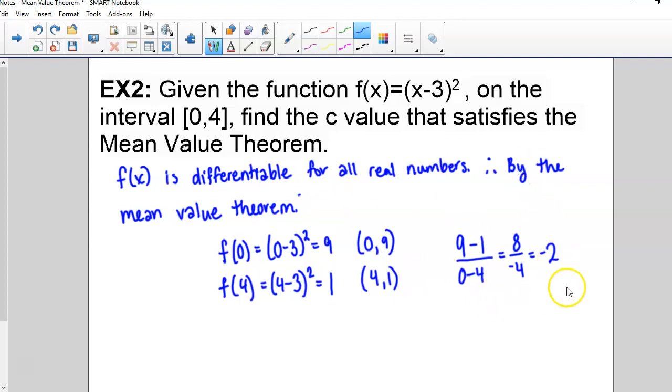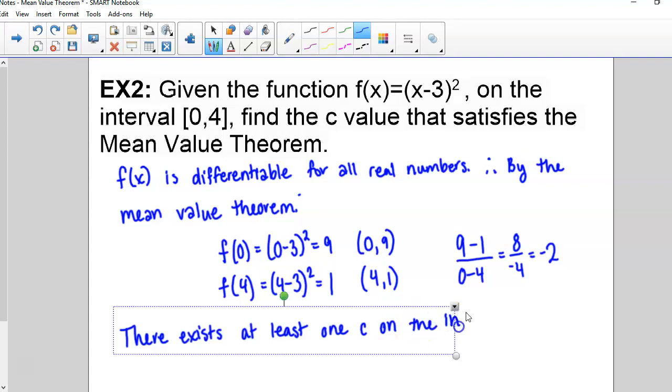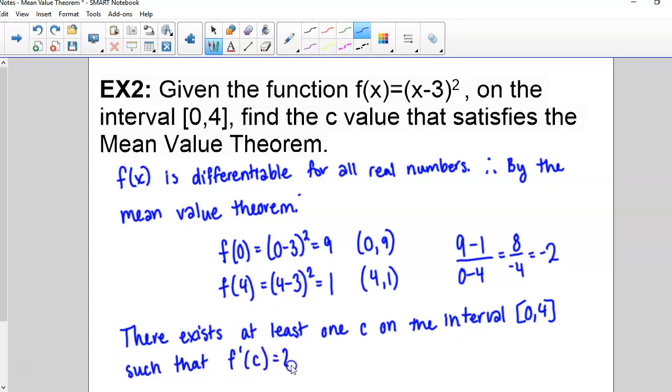So, by the mean value theorem, there exists at least one C on the interval 0, 4 such that f prime of C equals, sorry, negative 2.